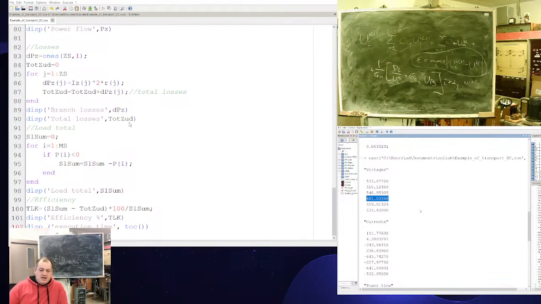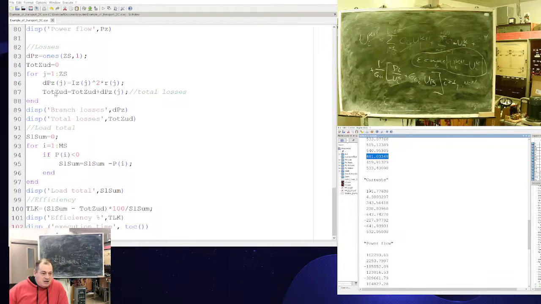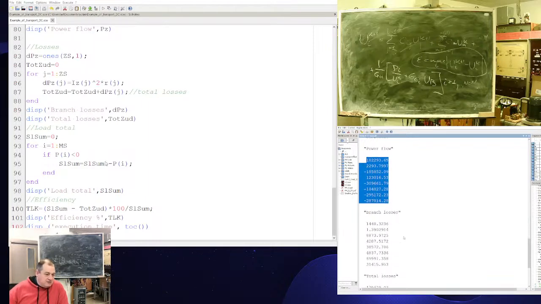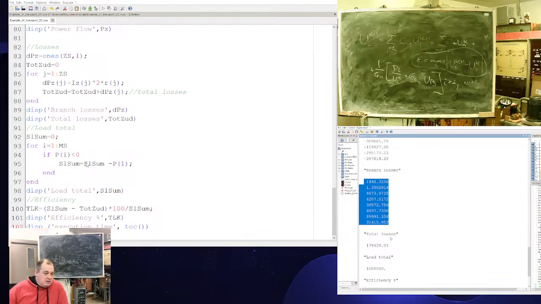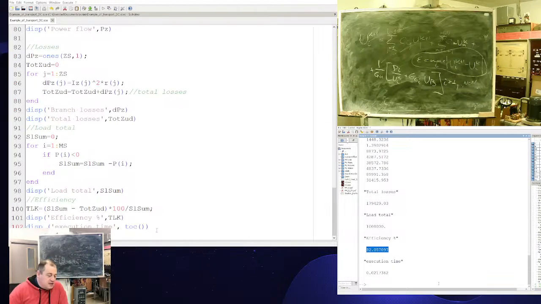For such a design, I will have a problem with my salary and bonus. I got currents, I got power flows, some positive, some negative. I have branch losses, total losses, and efficiency 82%.